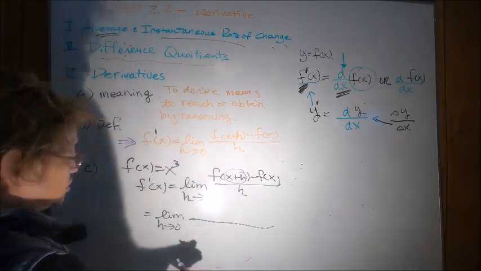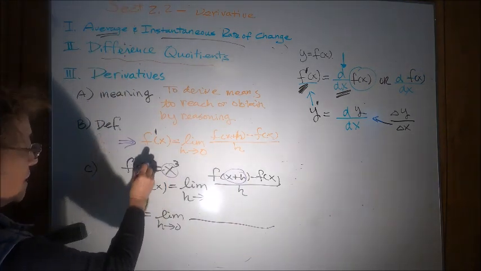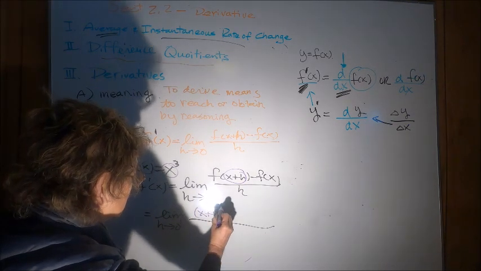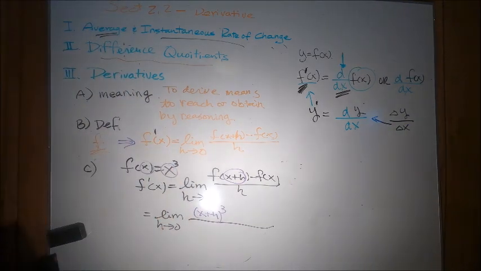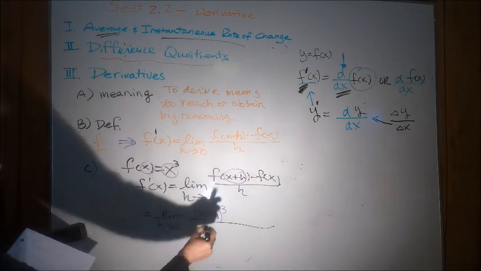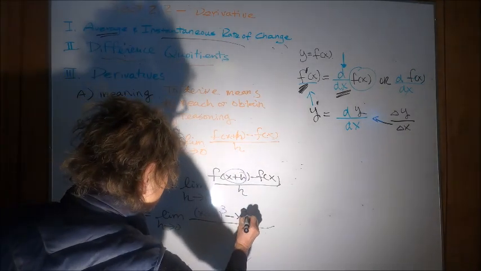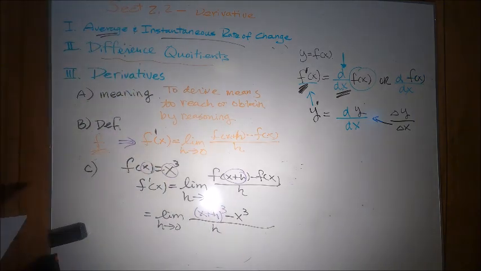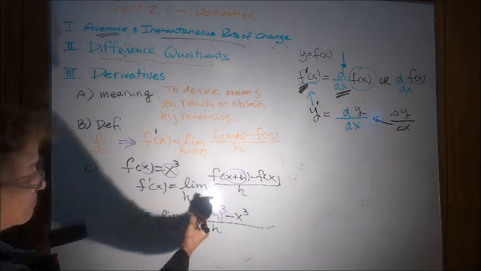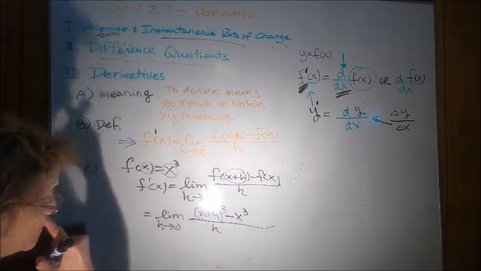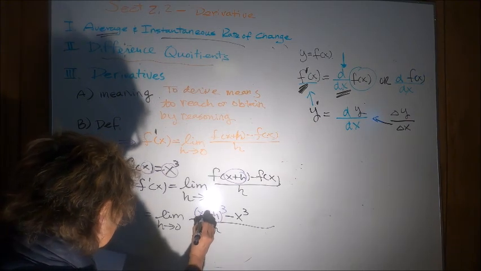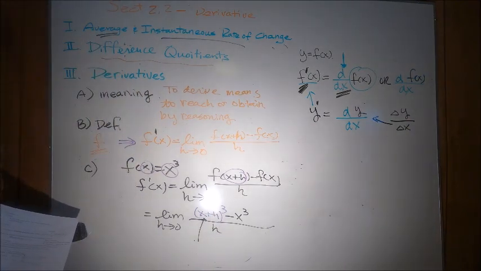So x plus h in terms of x place. So what do we have? x plus h to the cube, right? Then f of x, your x cubed, then your h, right? Then you simplify this, you multiply them all 3 times.